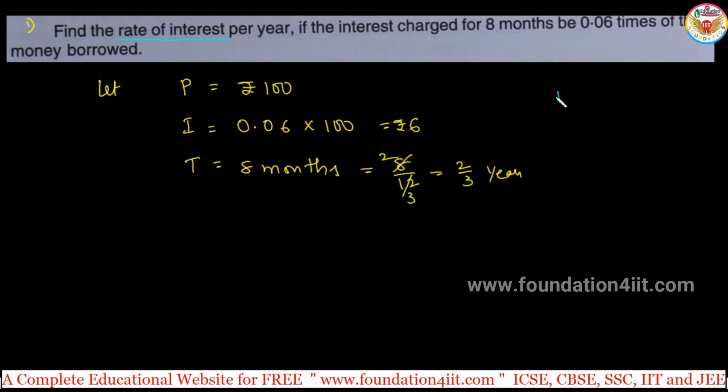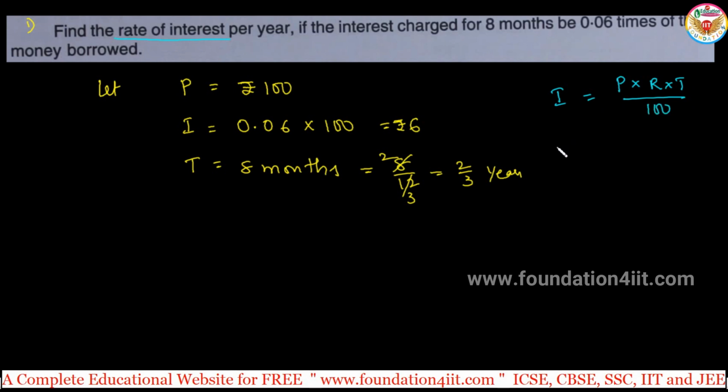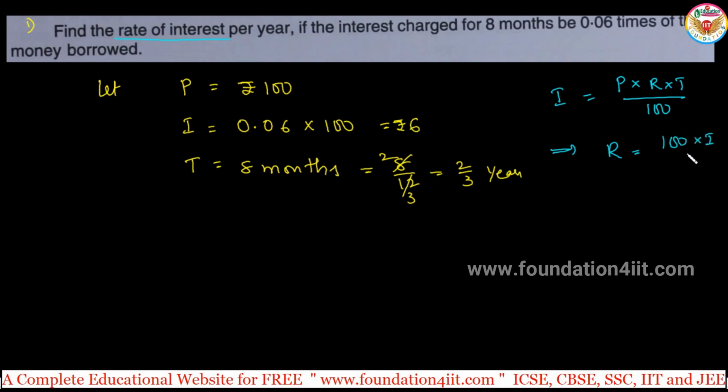The formula is I is equal to P into R into T by 100. From this only you can find the rate of interest. So R is equal to 100 into I by P into T. Yes, we can use this formula now.